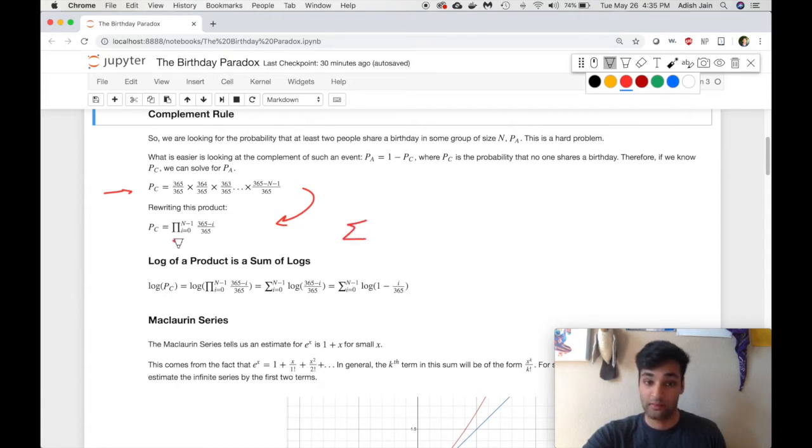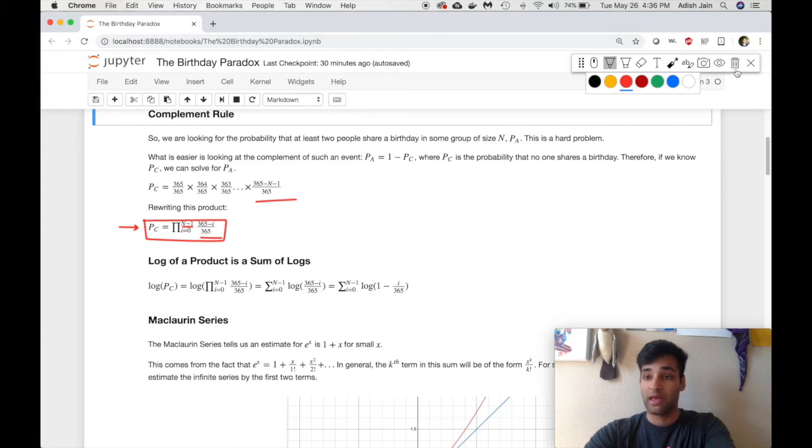This is basically saying the product from I equals 0 to n minus 1, where 365 minus I over 365 are the terms of that product, okay? So if you look, when I is 0, this term just resolves to this. And when I becomes n minus 1, which is the final term in that product, this term just resolves to this, okay? Cool. So what we've done is we've used the complement rule to say, okay, we're going to look for this other probability P of C, and here is a very nice clean way to write it, okay?